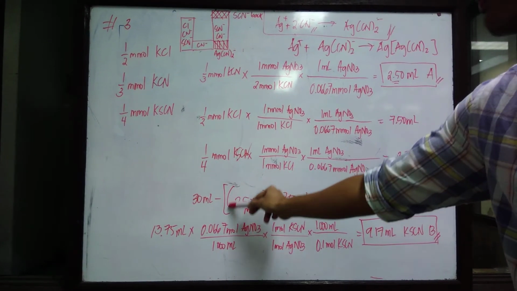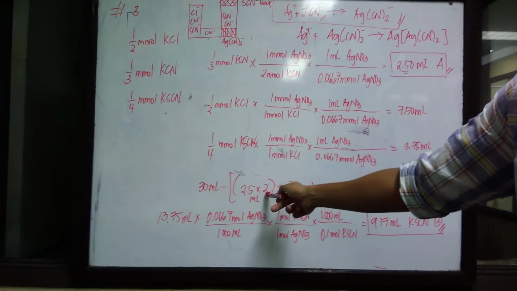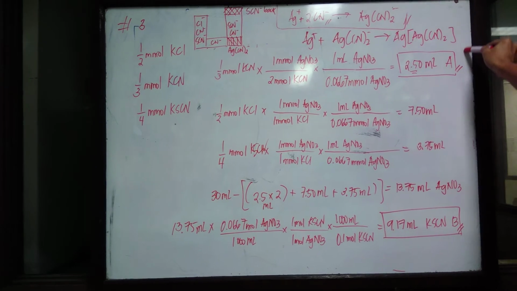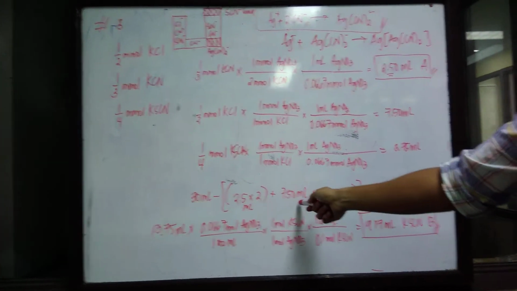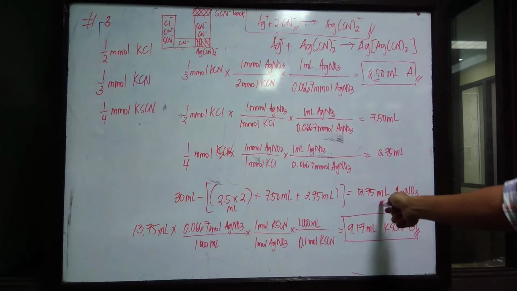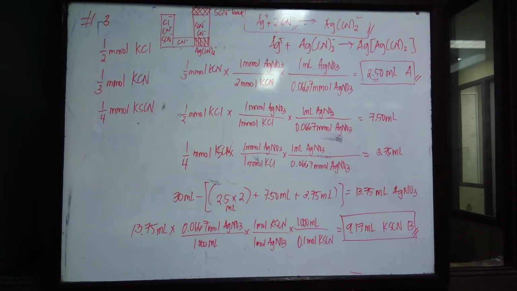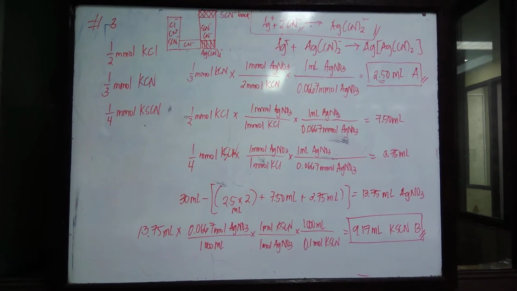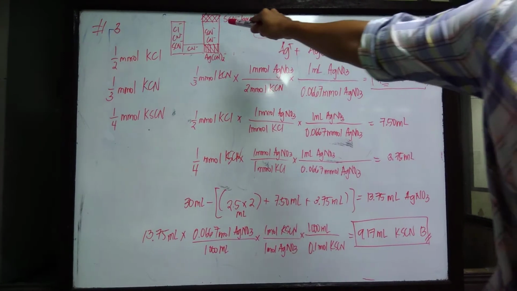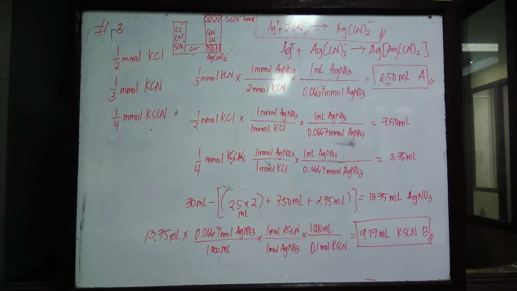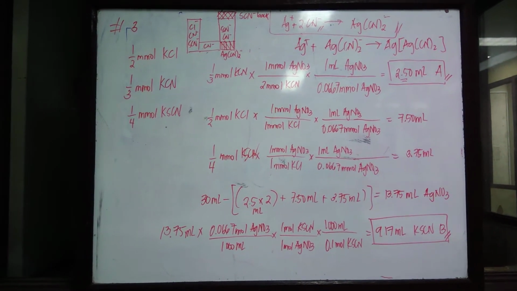So yung 2.5 ml kanina, we multiplied it by 2 by virtue of these reactions. And ito yon sa graph. Plus 7.5 plus 3.75 will yield us 13.75 ml of your silver nitrate which did not react with thiocyanate, cyanide, and your silver cyanide complex.